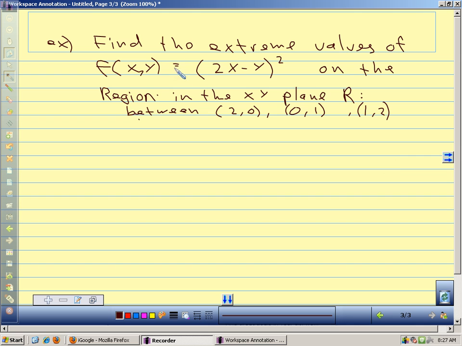So we're looking at this function, and this is the region that we're interested in. This is the region in the xy plane. If I make a quick sketch of this region, and this can be helpful, we're here at the point (0, 1), and we go up to the point (1, 2), and then back down here to (2, 0).